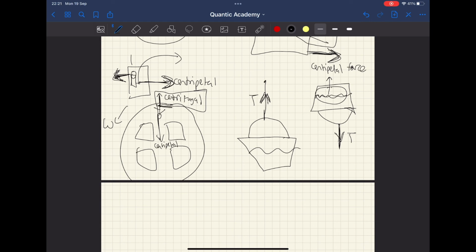So there's essentially a centrifugal force pushing the water into the bucket. And that's why the water stays in the bucket, and it actually will stay in the bucket if the centripetal acceleration is greater than the gravitational acceleration.